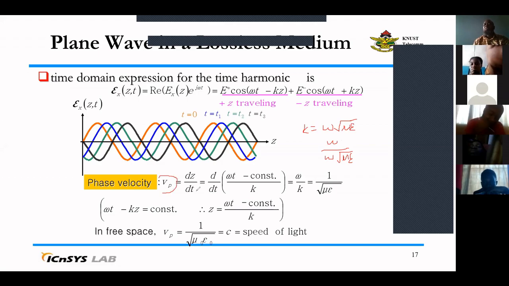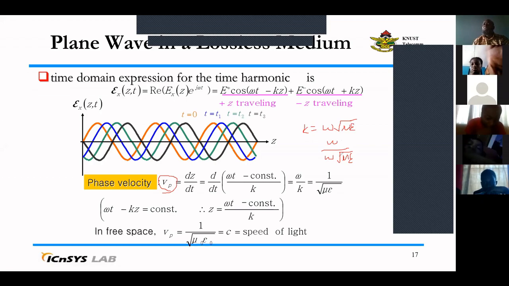And that is Vp, called the phase velocity.